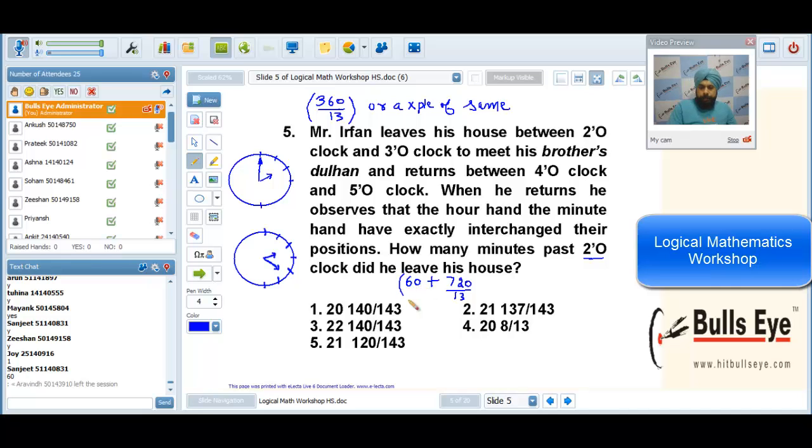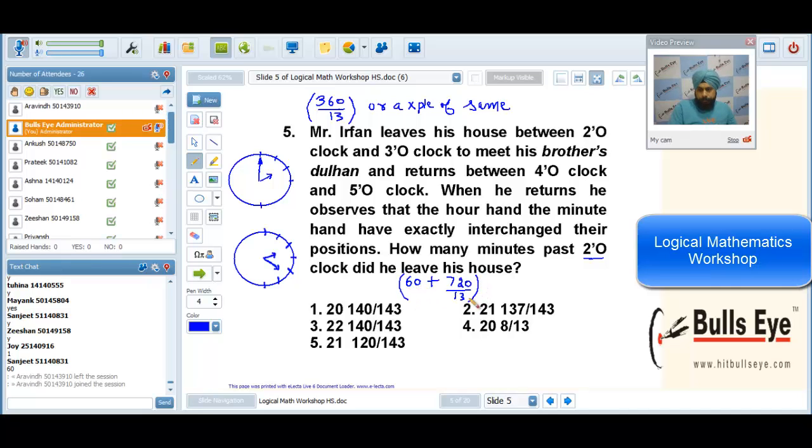Now guys, that simply means the minute hand has to gain 60 degrees and then move ahead by 720 by 13 degrees relatively. And what is the relative speed of the minute hand? I think you all shall be knowing the relative speed of the minute hand is 11 by 2 degrees per minute. So we multiply it by 2 by 11.